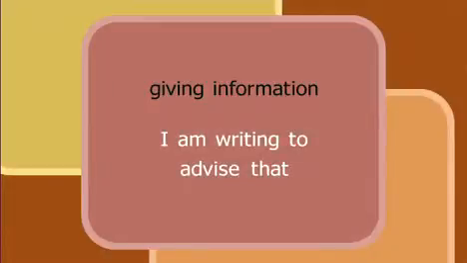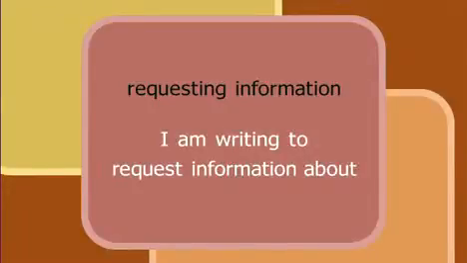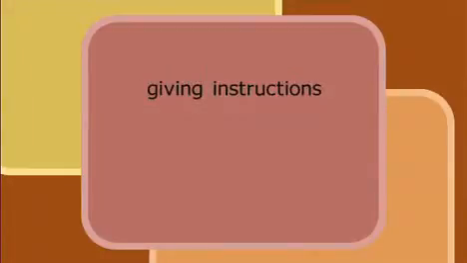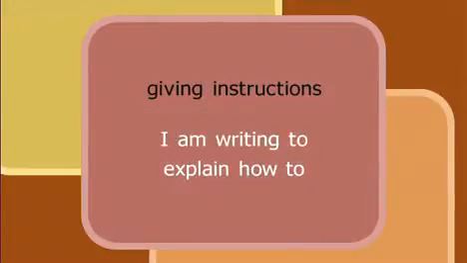Let's consider some examples. If your letter is for giving information, you might start with, I am writing to advise that. Or for requesting information, I am writing to request information about. For giving instructions, I am writing to explain how to.